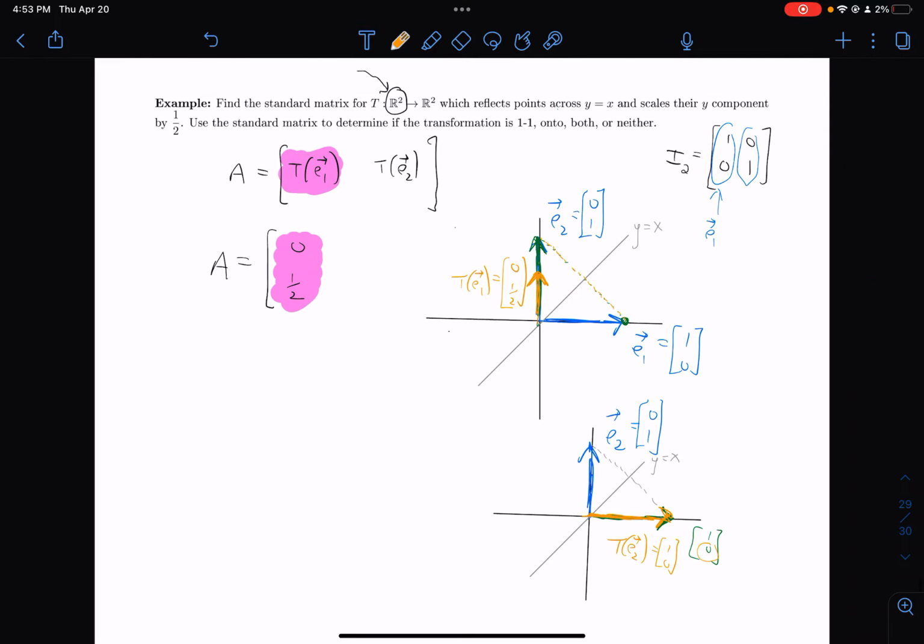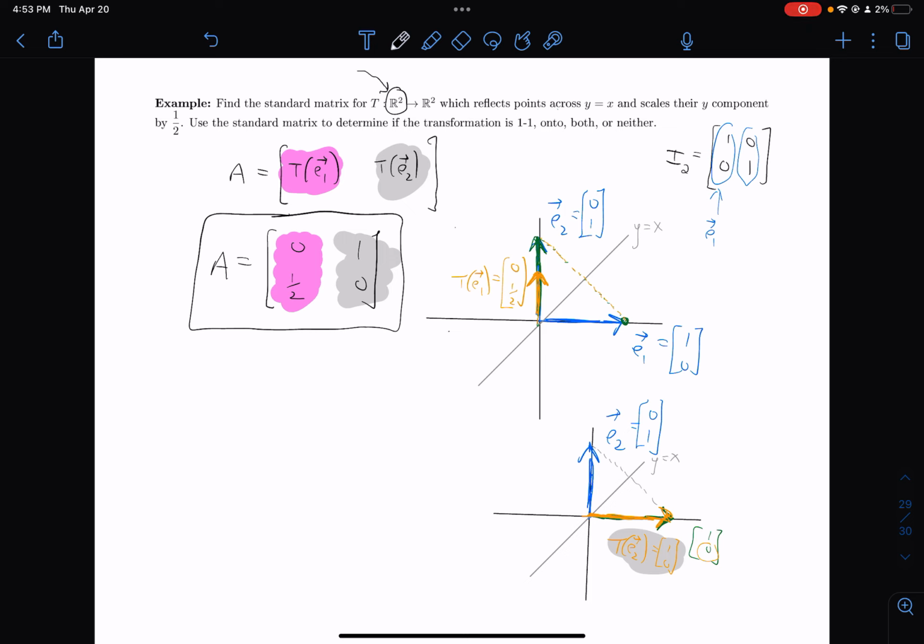So now I know the second column. Let me highlight this in a different color. The second column, T of E2, happens to be the vector 1, 0. Nice. And that is my standard matrix. So that matrix will describe this transformation for us.